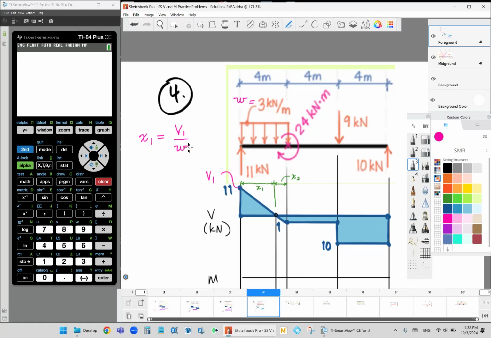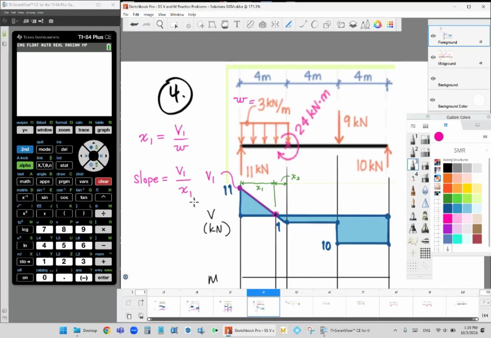Let me make sure it's clear what that comes from. Here we have a constant W, 3 kilonewtons per meter. Here we have a rise and run relationship in my shear. My rise is V1, my run is X1. So the slope of the shear diagram right there is equal to the rise, V1 minus 0, over the run, X1 minus 0.